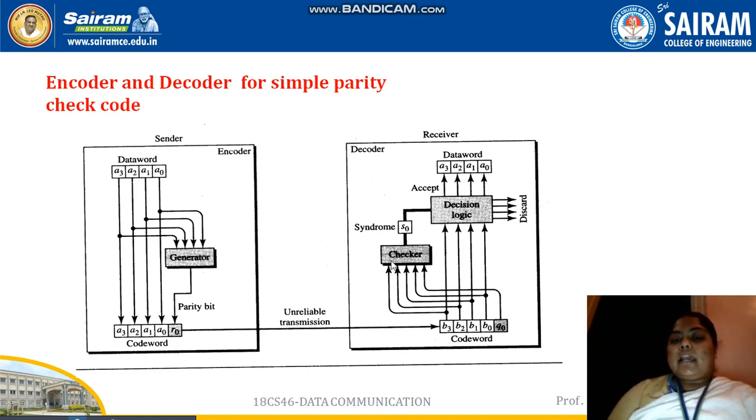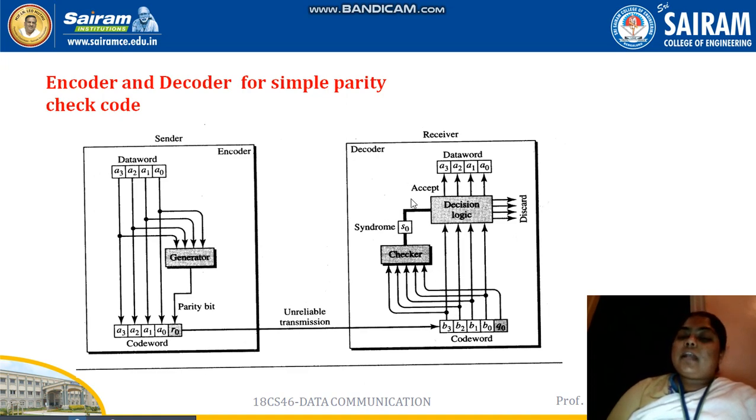Here our checker is going to check whether the given code word has even parity. So our syndrome will be 0, meaning our resultant value will be 0, otherwise it becomes 1. If it is not even parity, that result will be 1.